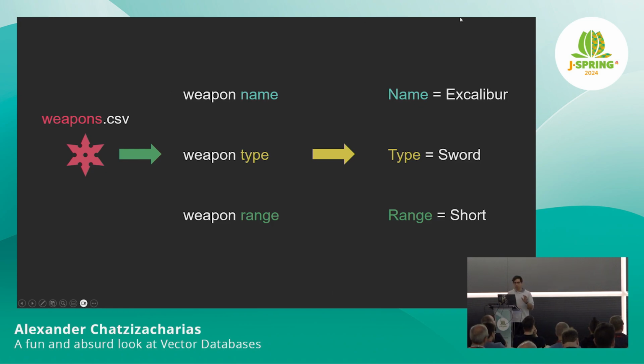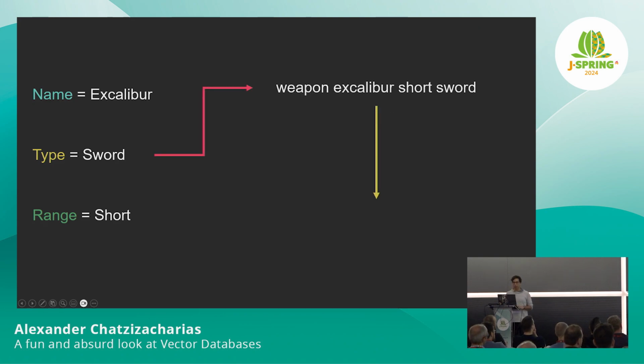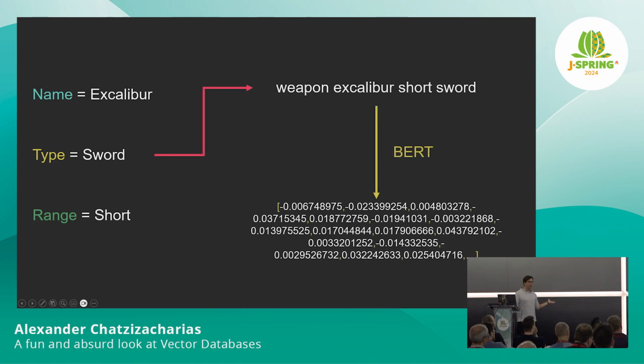And with 3 properties: the name of the weapon, the type of the weapon, and the range of the weapon. So for example, name Excalibur, type sword, and range short. And when we vectorize that, it's basically going to join them into one string, lowercase it, and we get weapon, Excalibur, sword, short. If you want, you can even choose to vectorize the property names.